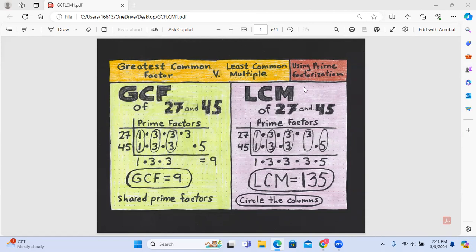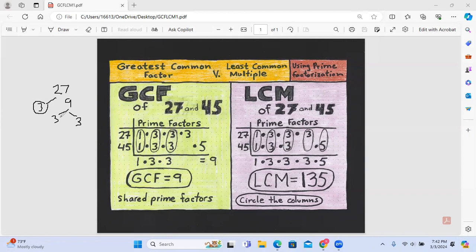So first, let's get the prime factors of 27 and 45. Let's get the prime factors of 27. We can factor out a 3 because 3 times 9 will give us 27. And 9 is a composite number, if you remember from previous videos, and its prime factors are 3 as well. I like to circle those prime factors.